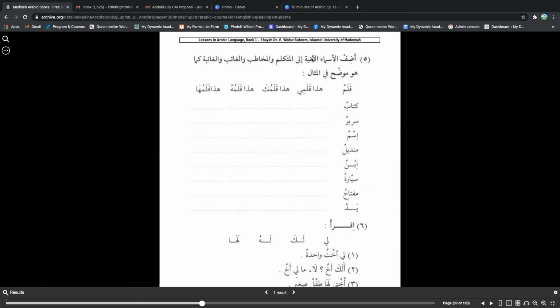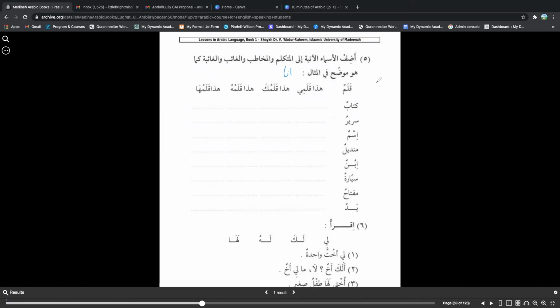Adaf al-asma al-atiyata, add the following nouns إلى المتكلم والمخاطب والغائب والغائبة كما هو موضح في المثال. So add the following nouns to the mutakallim. Mutakallim would be who? Mutakallim is ana. Let's make that clear, because it's the person speaking.